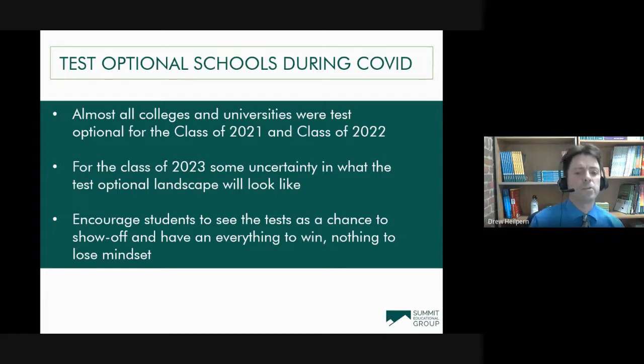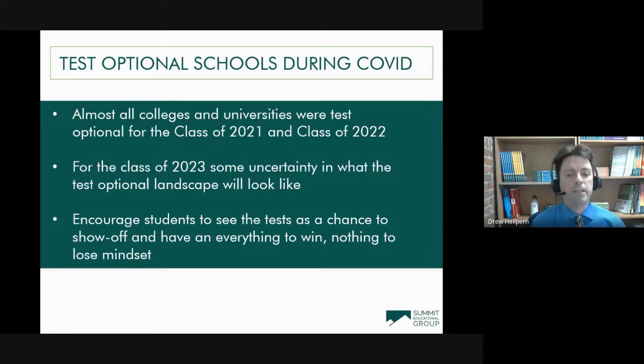There are going to be some schools that are probably going to go back to requiring standardized testing, especially some of the larger state schools in the South. We've already heard from some of them. University of Georgia system, for instance, University of Florida system, for instance, University of Texas at Austin, also making some waves that maybe they're going to go back to requiring standardized testing.